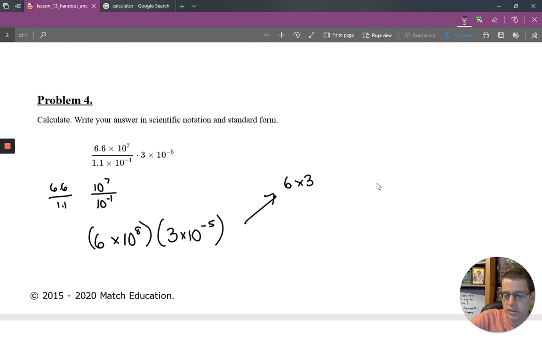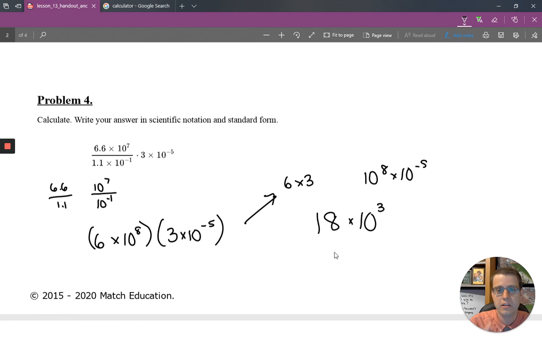You look at 6 times 3, and you look at 10 to the 8th times 10 to the negative 5th. Well, 6 times 3 is 18, times 10 to the 8 plus negative 5, remembering our laws of exponents here. 8 plus negative 5 is 3. Again, 18 times 10 to the 3rd is not in scientific notation yet.